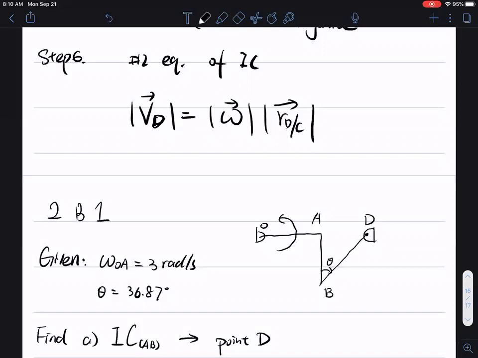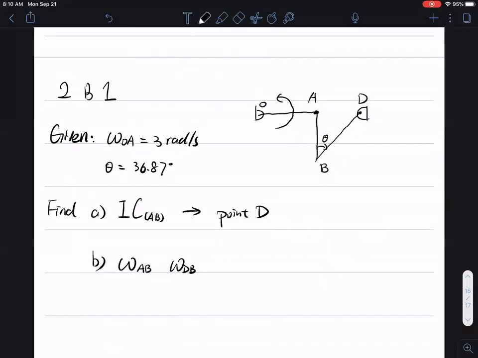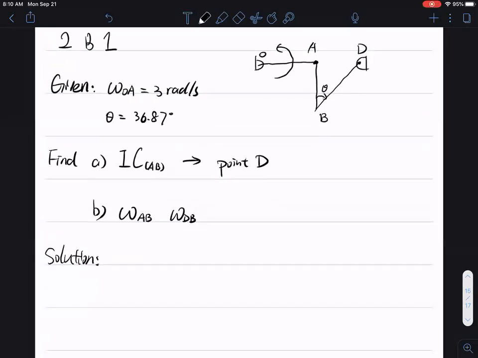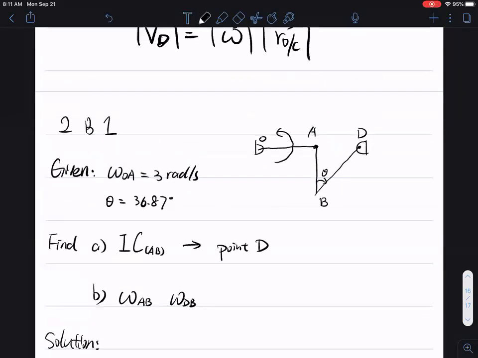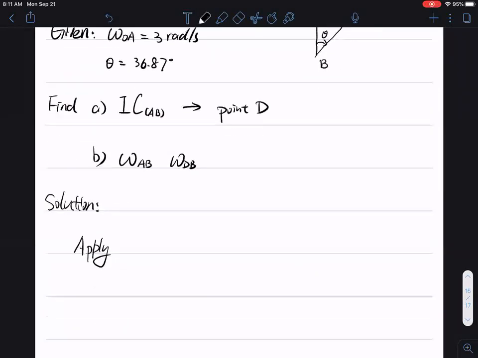Since this point A is on rigid body OA, and at the same time it's also part of rigid body AB, that's a good point to start. So we can apply that equation. That's the second equation of instant center.